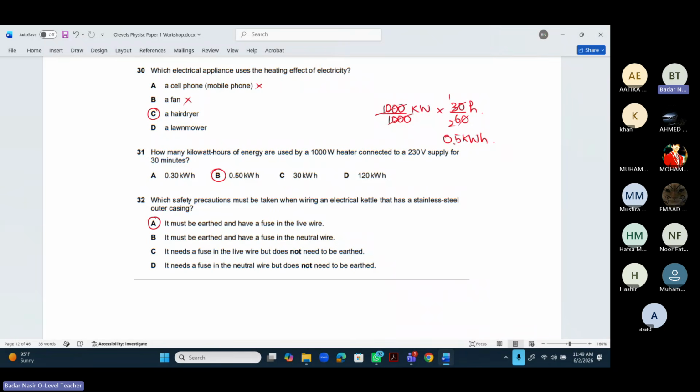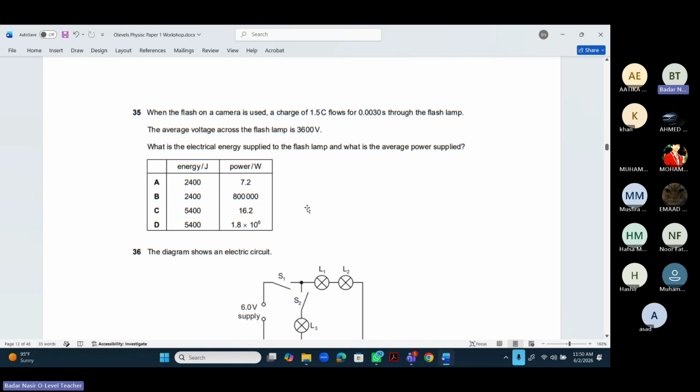So this is correct. You always earth the metal casing, and the fuse is always connected into the live wire. What does a fuse do? This is the symbol of the fuse. Where high voltage comes, beyond the fuse rating, the fuse melts and disconnects the main supply from the appliance. Okay, so now moving on.